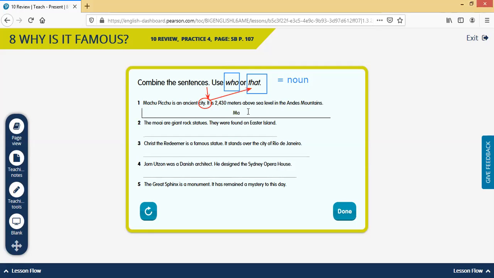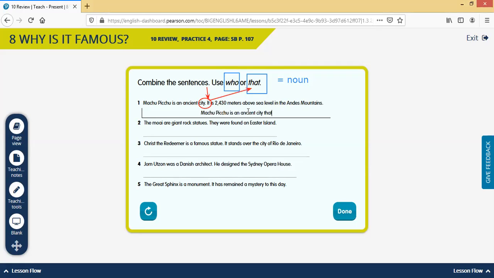And we're going to say Machu Picchu is an ancient city. And then we make the change. We're going to replace it, and we're going to say that.